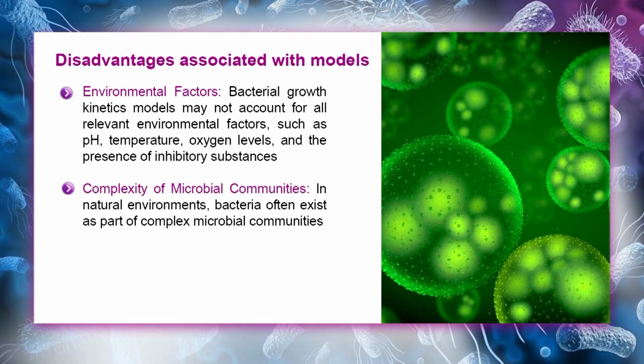Then complexity of microbial communities. In natural environments, bacteria often exist as part of complex microbial communities. Traditional growth kinetics models typically focus on individual species and do not consider interspecies interactions and competition.